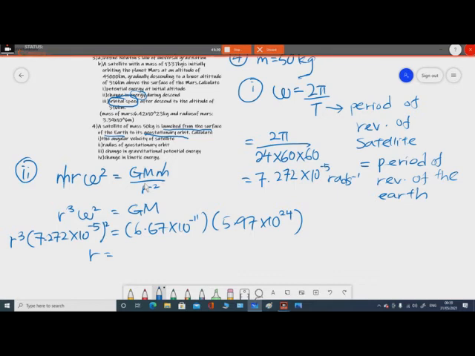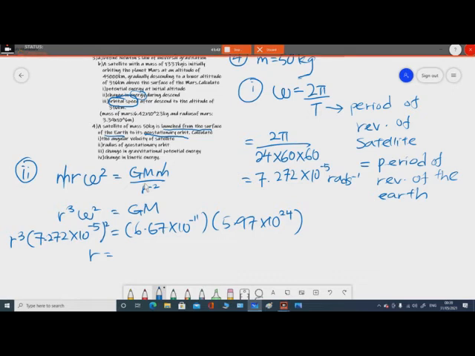So the final answer we got is actually, well, wait, there's another mistake here. Where did I go wrong? Oh, I forgot to cube root the radius.